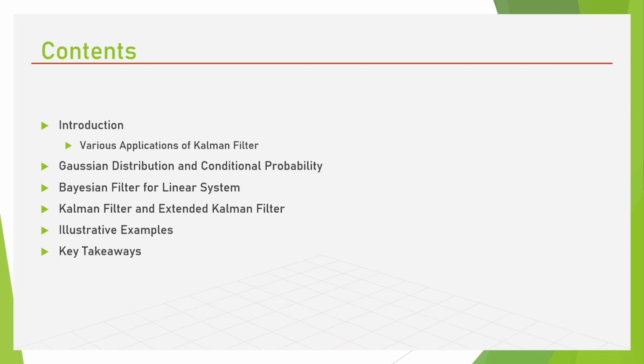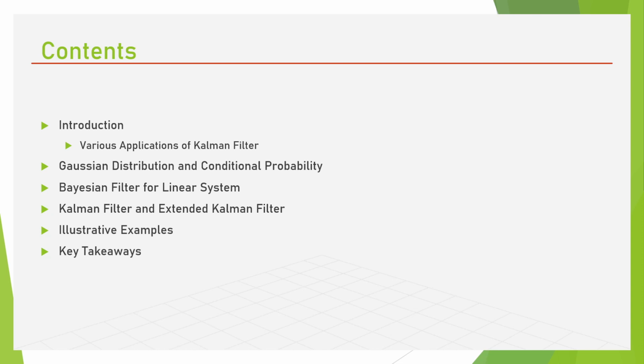Okay, here is the content of my lecture today. I will start with the introduction by giving you some applications in many research fields. Then I will briefly review some fundamental theory, Gaussian distribution and conditional probability, to warm up because this is what you studied maybe 2 years ago.